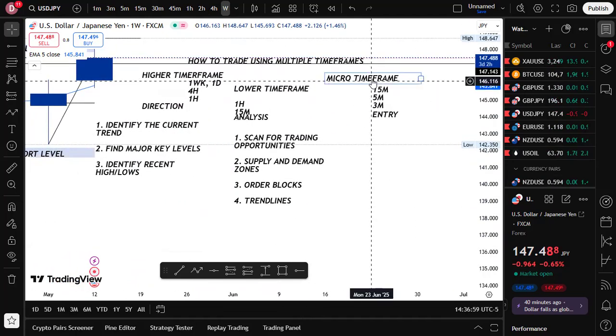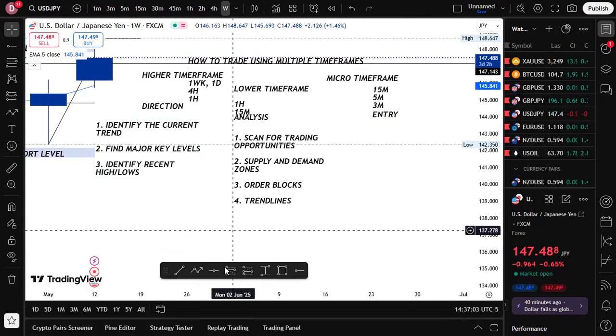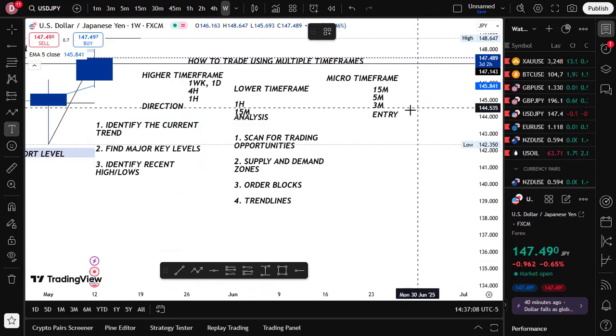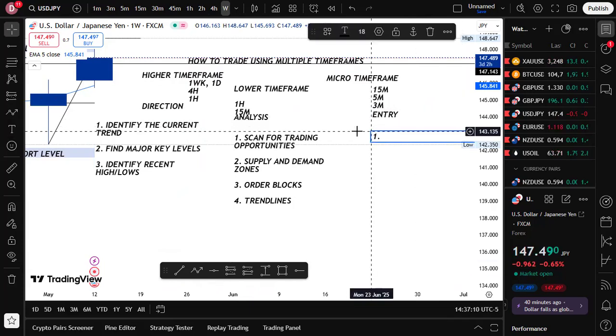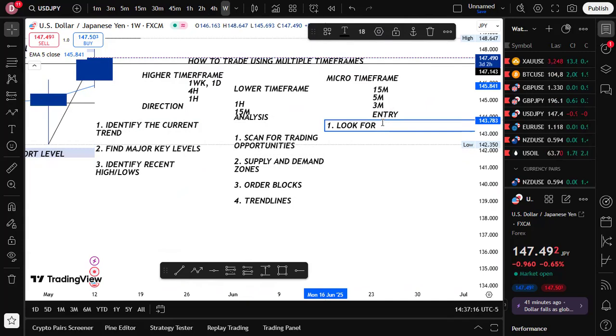So you can see micro time frame 15 minutes, 5 minutes, 3 minutes. This way we want to look for our entry signals. So under this, what you need to do now, let me just write that very quick. Number one is to look for confirmation entry, right?